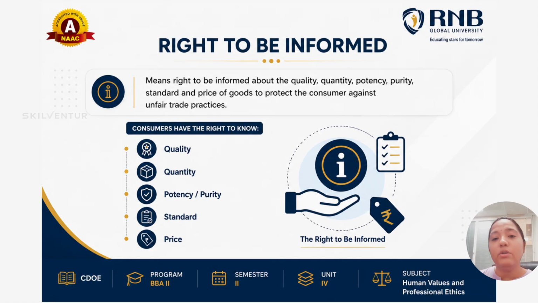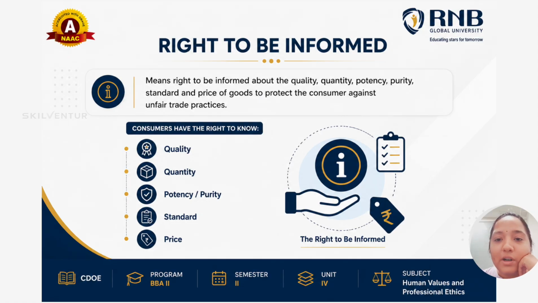Similarly, in electronic goods, we should check specifications, warranty and any safety instructions. If companies hide important information or provide false details, it is a violation of this right. To conclude, the right to be informed empowers consumers with knowledge and helps them avoid being cheated in the marketplace.